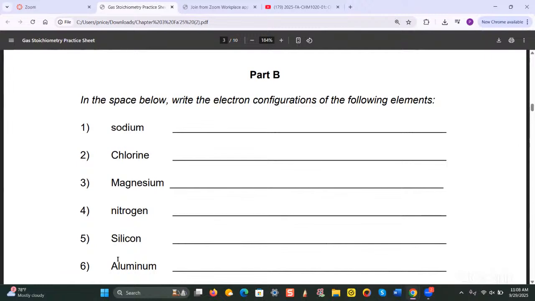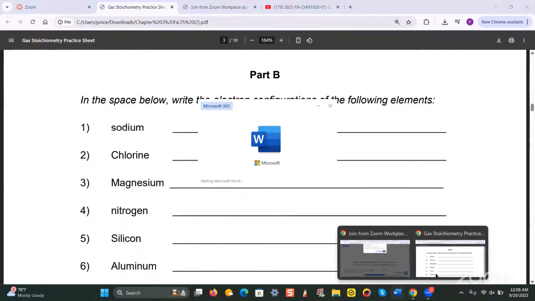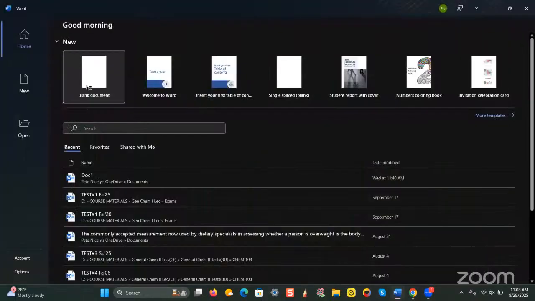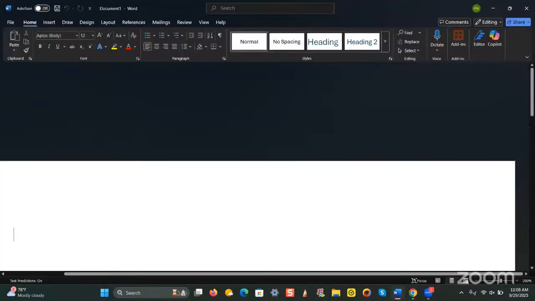Now, what we're concerned about in part B is how the electrons are arranged in the atoms, right? Basically, the electrons are arranged in what are called shells. Let me just open up this here so I can explain in more detail.